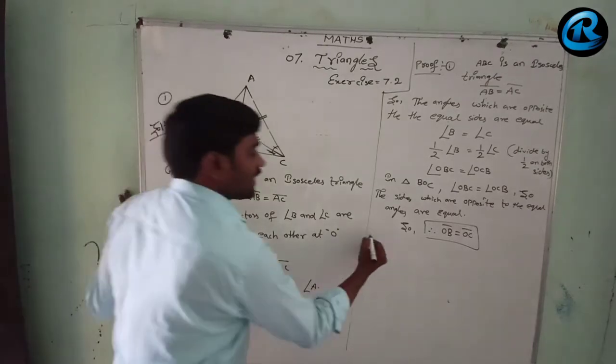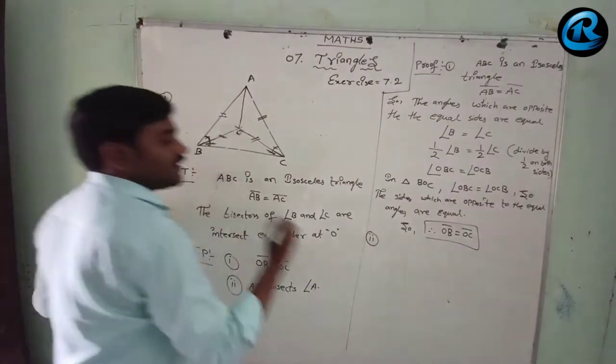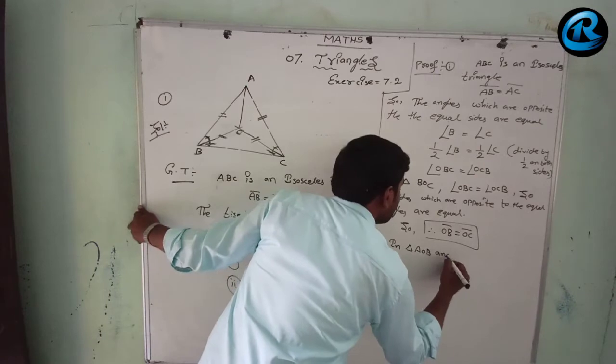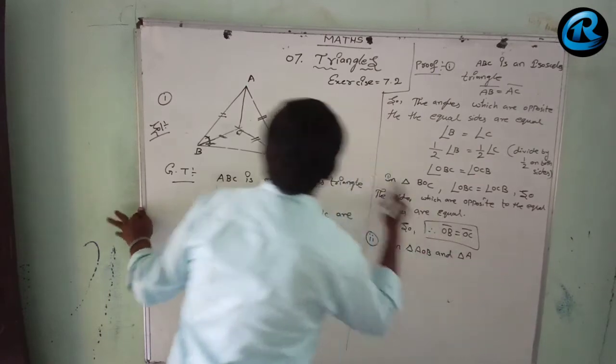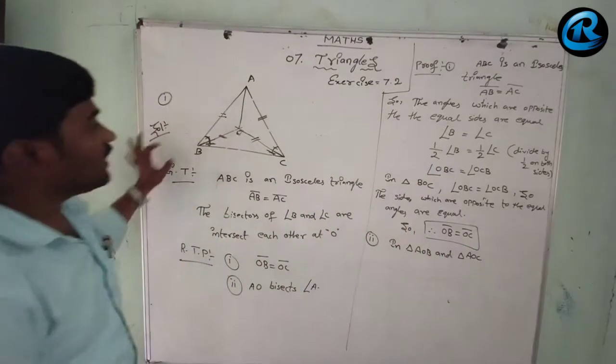Now we'll take proof number 2. See that, take triangle AOB and triangle AOC.